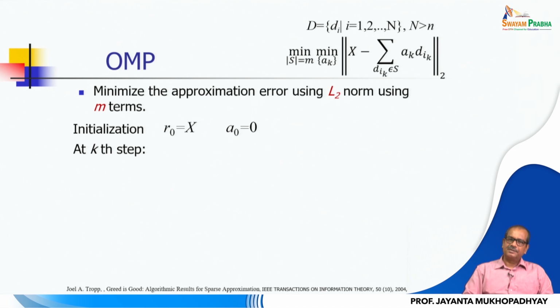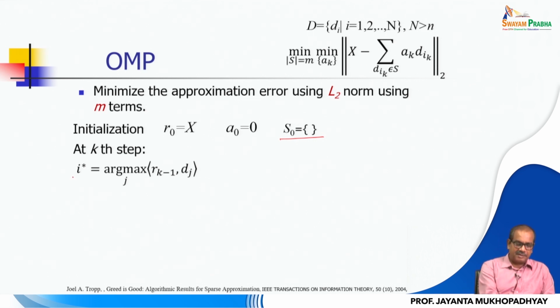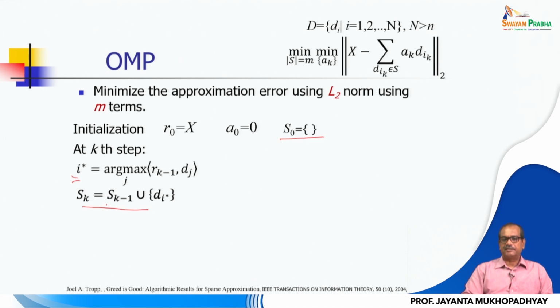So there is no question of this residual vector becoming orthonormal to any of these vectors, because your selected set of atoms is empty and the approximation is 0 accordingly. Now, at the kth step, you maintain a set of atoms which has been selected. Initially it is not selected, so you don't apply that constraint. Now at the kth step, you select the I star atom in the same way, and you include it into the set of atoms you already have.